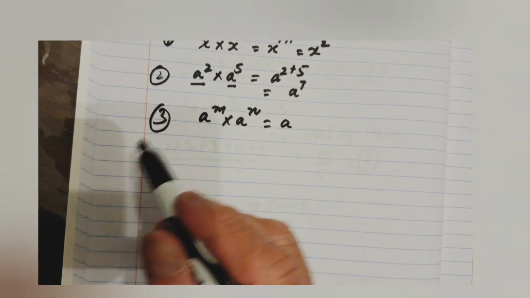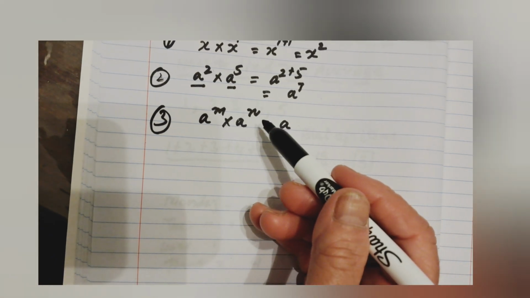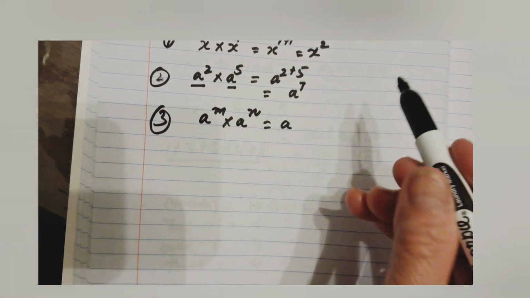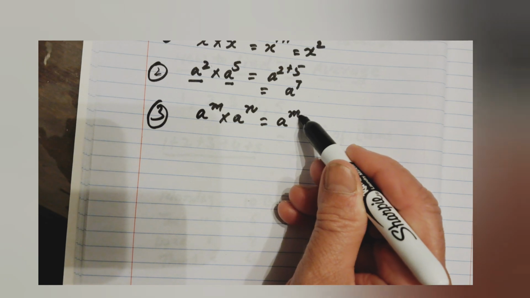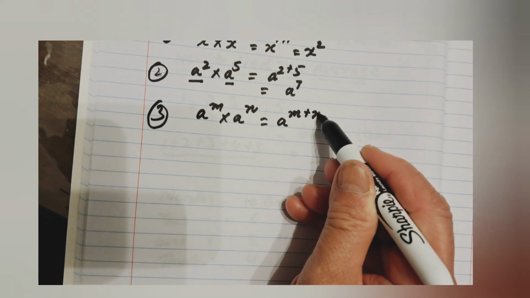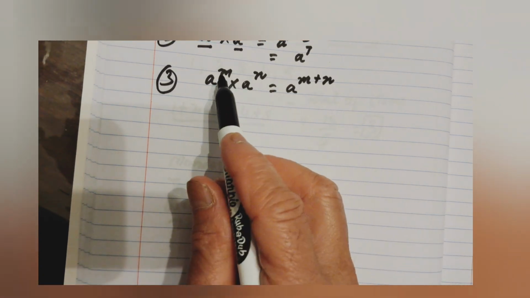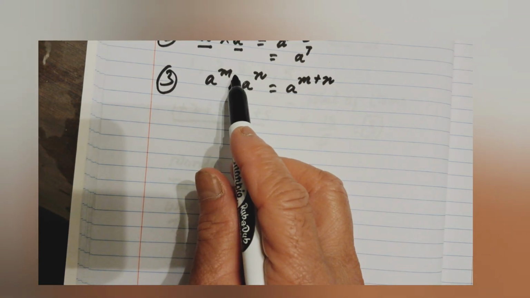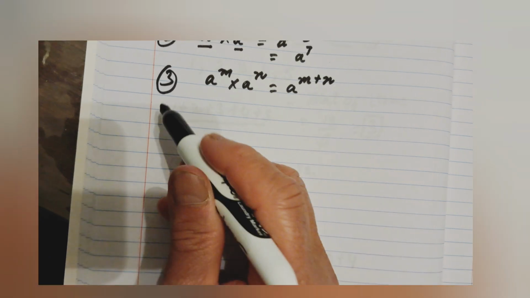But here we don't have numbers. We can't add m and n as numbers, so how do we add them? The answer is m plus n. So maybe with any numbers, any powers, they are added like that.